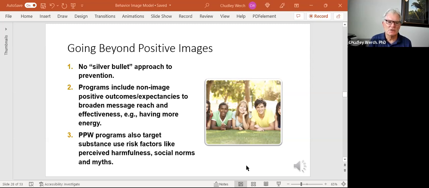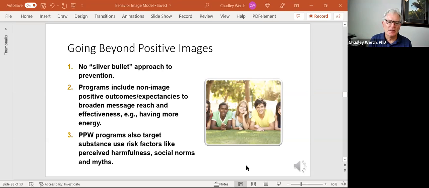So how do we address this? Well, number one, we have non-image positive outcomes. So we include not just images, but also other benefits like sleeping better. Increasing the number of positive expectancies is very important.